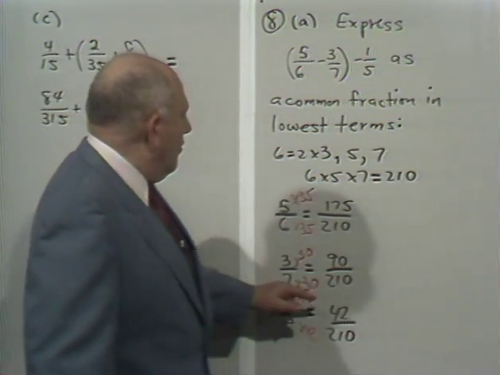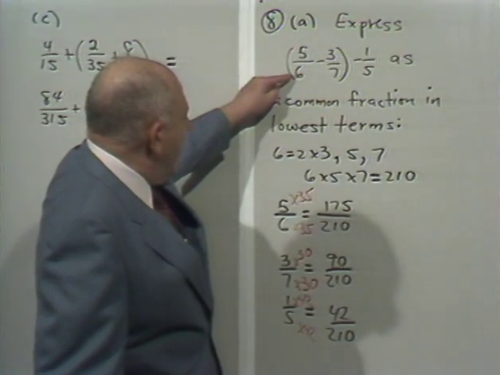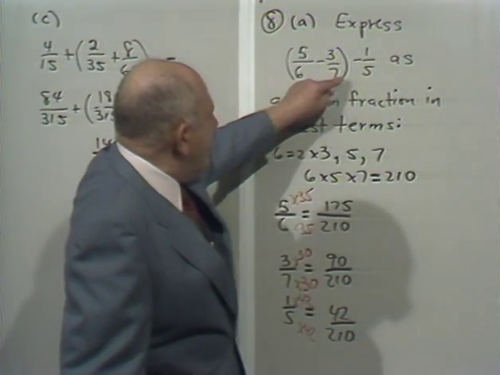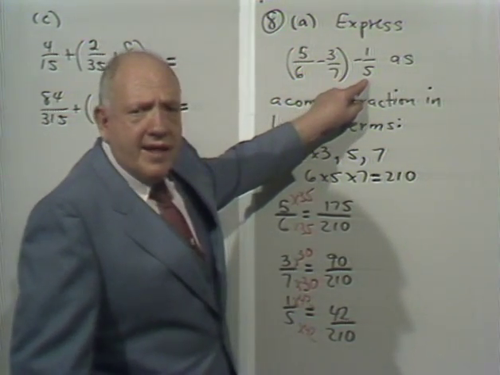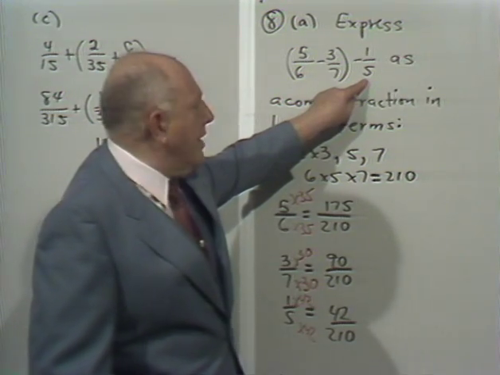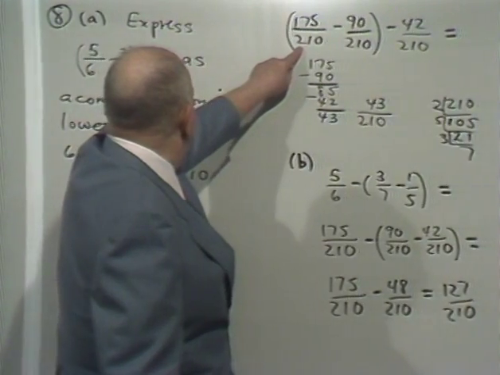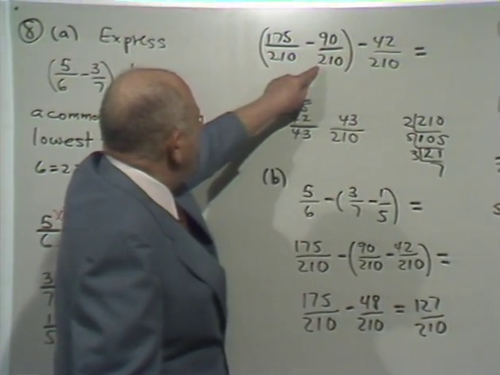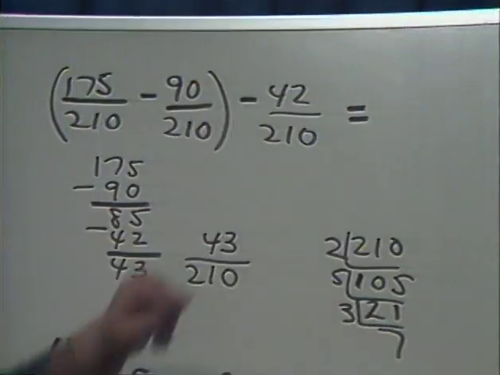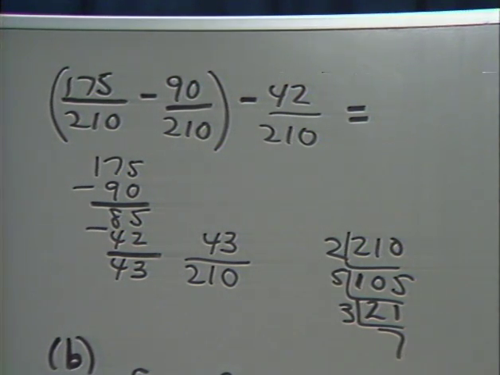Now what you do is go back to the problem and replace each of these three numbers by its synonym, which has the common denominator. In other words, 5/6 gets replaced by 175 over 210, 3/7 gets replaced by 90 over 210, and 1/5 gets replaced by 42 over 210.